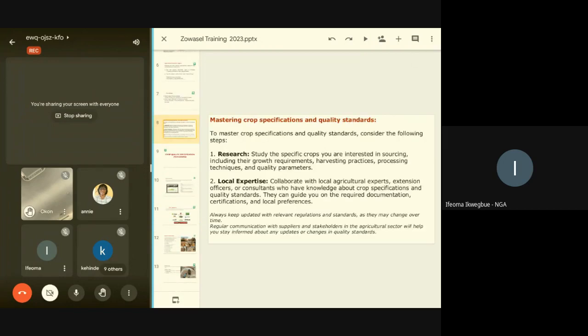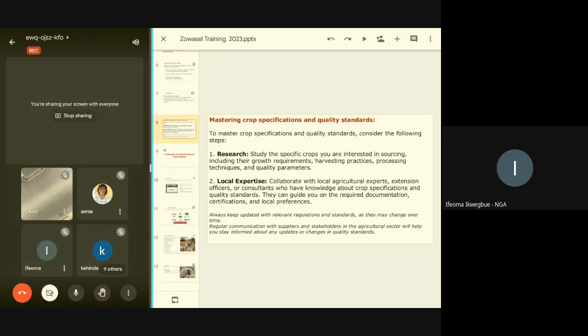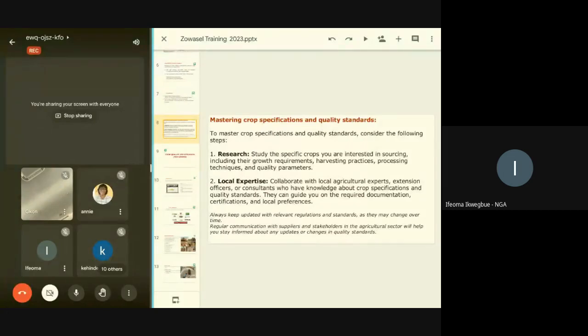In order to have a basic understanding of this, we need to research specific quality standards, and the growth requirements and harvesting practices of several crops, so as to guide our sourcing pattern within our regions.